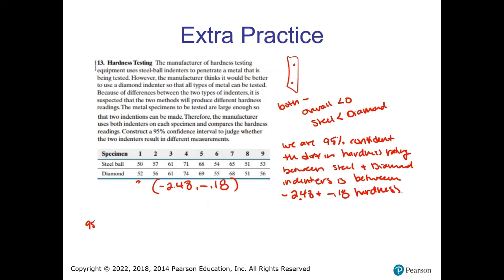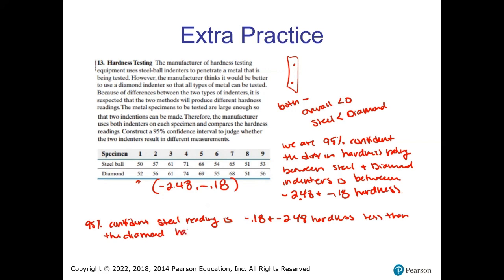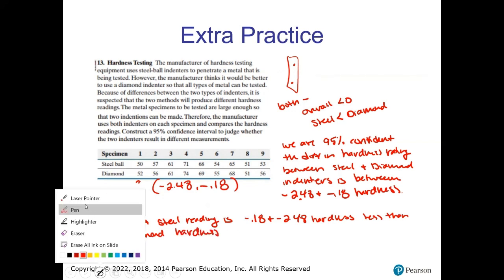We can be about 95% confident a steel reading is somewhere between 0.18 and 2.48 hardness less than the diamond hardness. Because I put less than, I don't need the negative there.